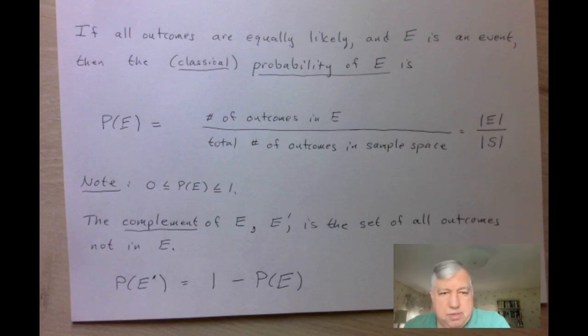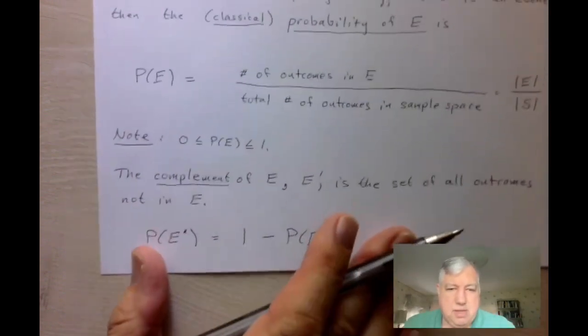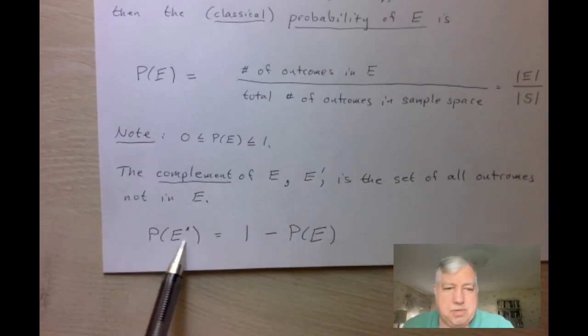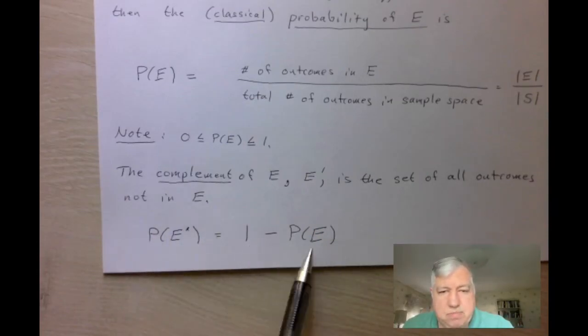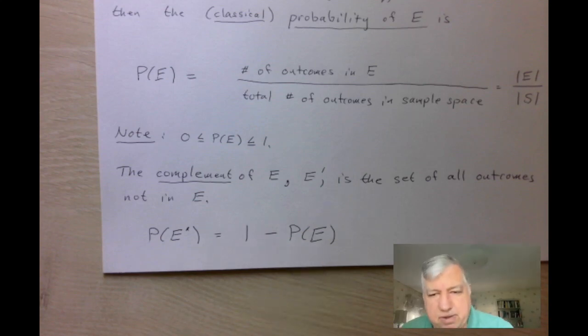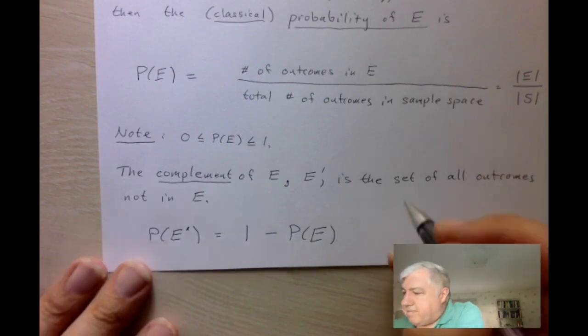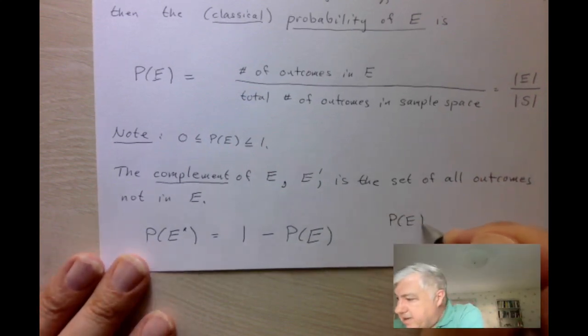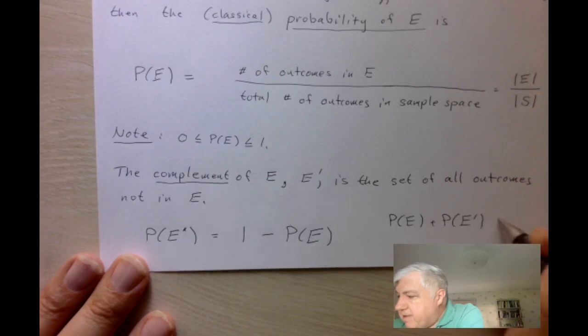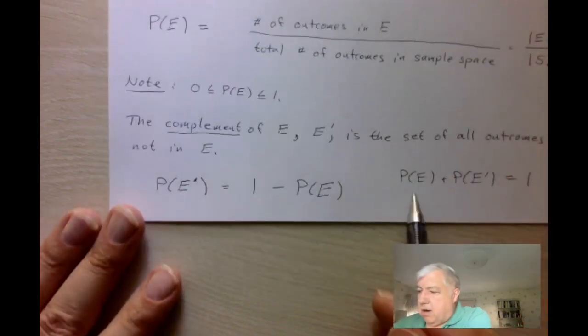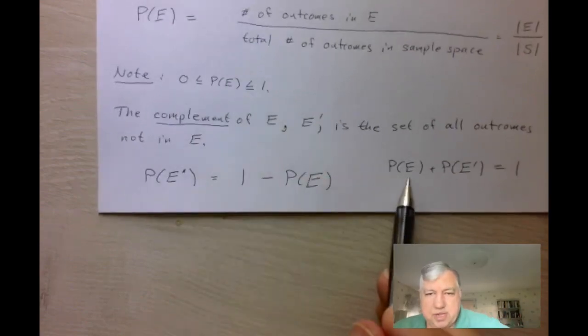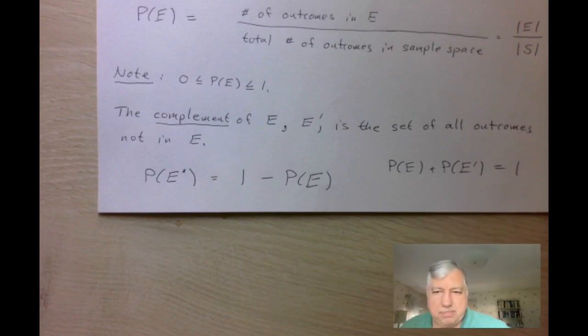So the complement of E, E prime, is the set of all outcomes that are not in E. And not surprisingly, we can see that the probability of E prime is 1 minus the probability of E. The way you can see that is, if you take these two fractions, what this basically reflects is that the probability of E plus the probability of E prime is equal to 1, because you're taking all the outcomes in E plus all the outcomes that are not in E. Well, those are all the outcomes of the sample space.